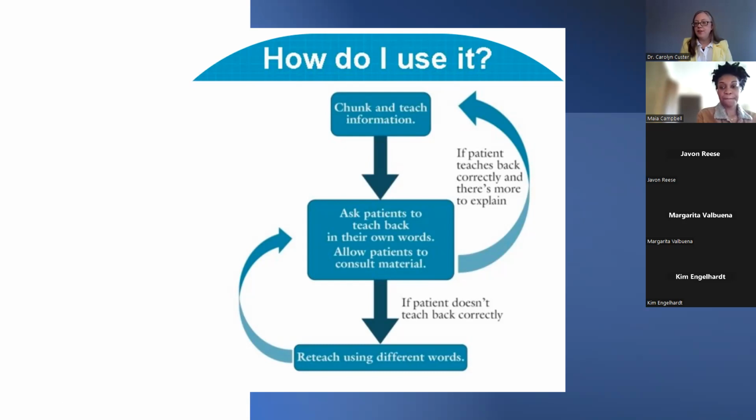So now that I've told you, tell me, how are you going to do this, right? And using materials is important. If the patient doesn't understand, then you teach back again, and you can use a different way. You can maybe use a different handout if needed. And then you just keep doing this until the patient verbalizes understanding or can tell you what the plan of action is.